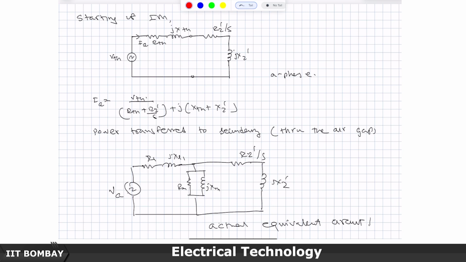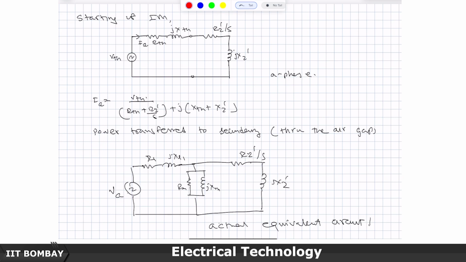If the slip is 0.1, the resistance part is significantly higher than at the time of starting, which is R2 dash, and that is why the current flowing through this loop reduces significantly from what current you would see at the starting.